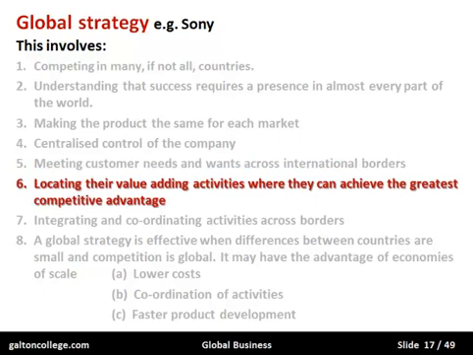Locating their value-adding activities where they can achieve the greatest competitive advantage. Well, it's a question of looking at the overall production system. It could be that parts of the item are produced in one country and moved to another country, and in fact the product may be made in several countries and perhaps assembled in a different country.